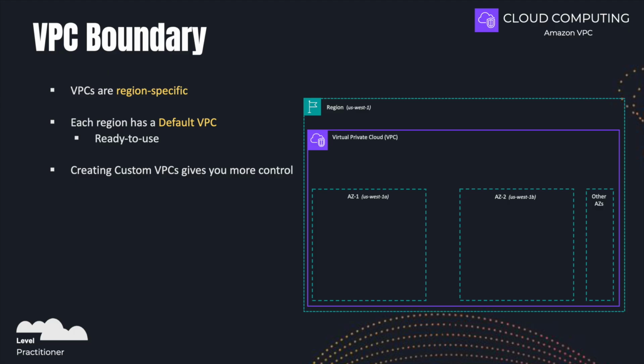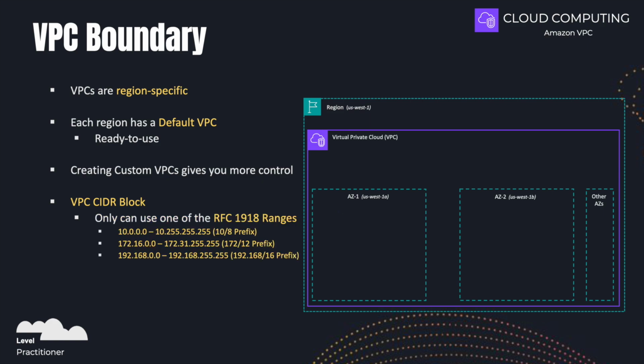One of the required inputs you'll need to define when creating a VPC is the VPC CIDR block. The CIDR block defines the IP address range that your VPC will use and operate. You can only use a CIDR block from the mentioned ranges. In our example, we used 10.0.0.0/16.